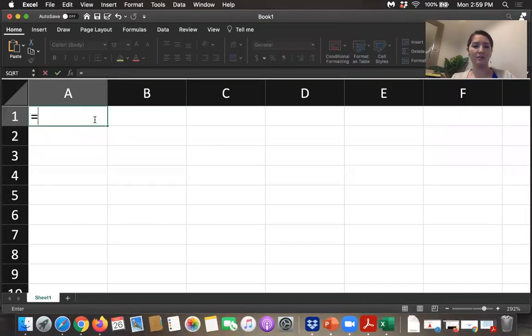and I type equals norm.dist, I want x to be less than 80. The mean is still 74 because the mean of the original population and the mean of the sample means are the same. It's because the sample mean is an unbiased estimator. And then the standard deviation turned out to be 3.125 when it was talking about samples of size n equals 16.